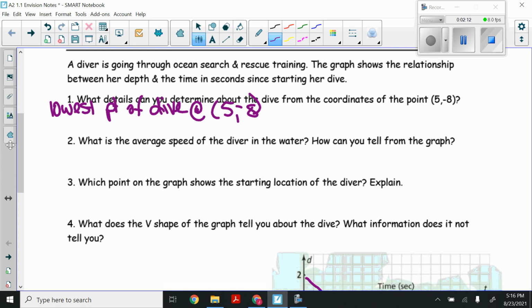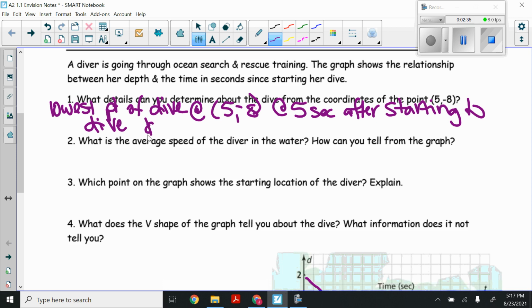So we know that the diver reached the lowest point of the dive at 5 seconds after starting to dive. And since it's a -8, the diver went 8 feet below the surface.